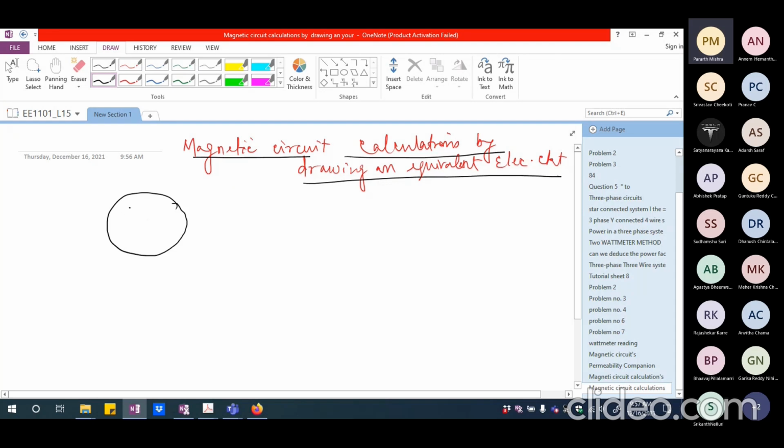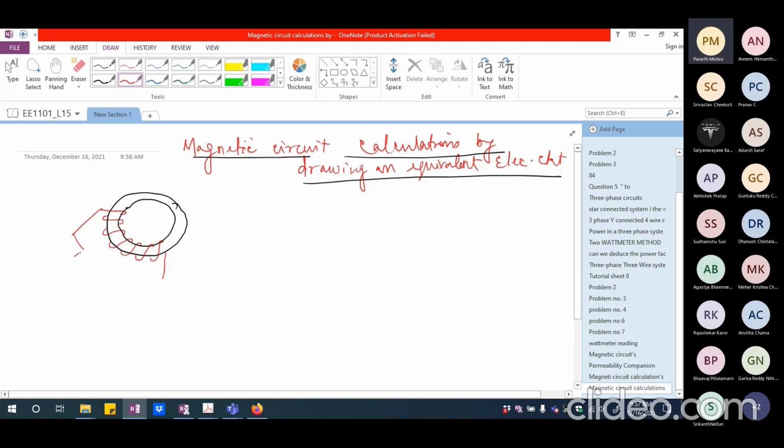I'm going to have an iron ring somewhat like this, with several turns wound around it.